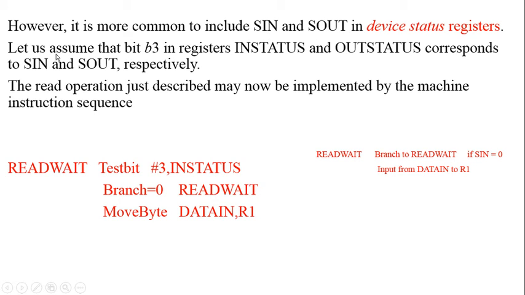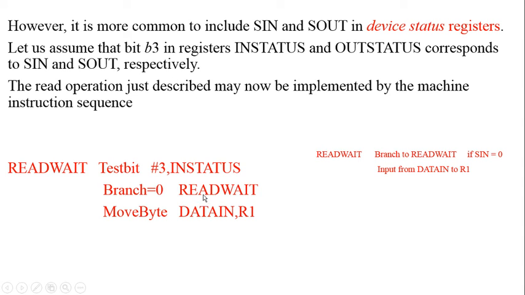Okay, how is it possible? Let us assume that bit B3 in registers INSTATUS and OUTSTATUS correspond to SIN and SOUT respectively. A single bit of the INSTATUS register and OUTSTATUS register itself acts as a SIN status flag and a SOUT status flag respectively.